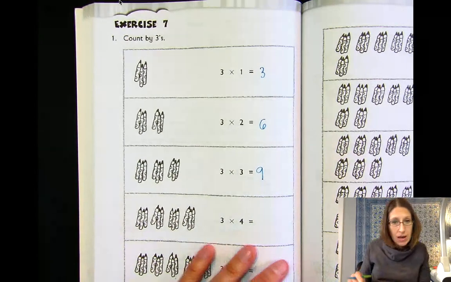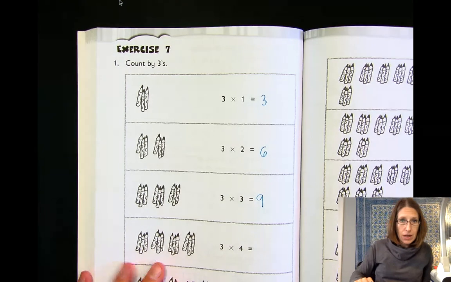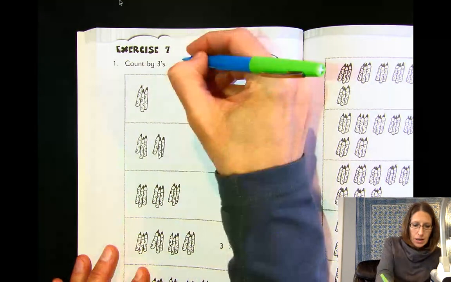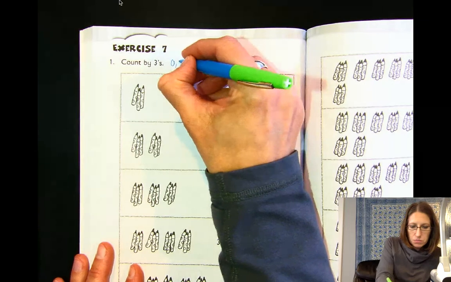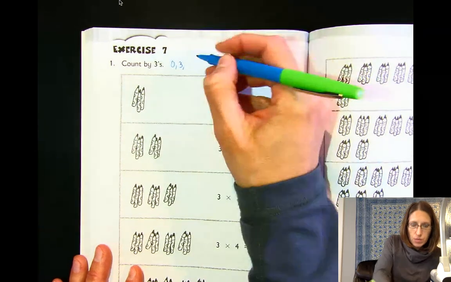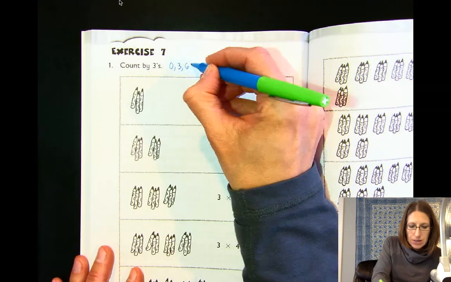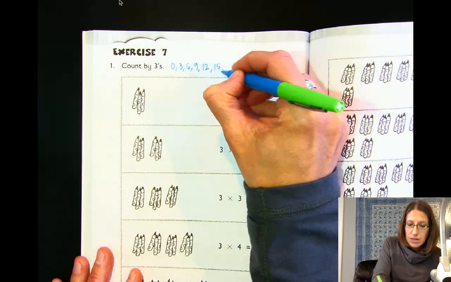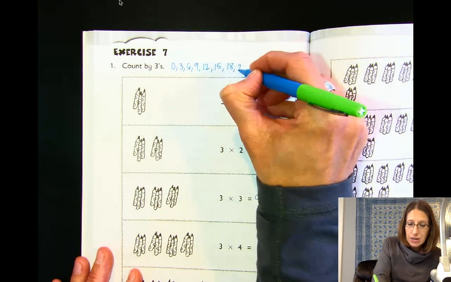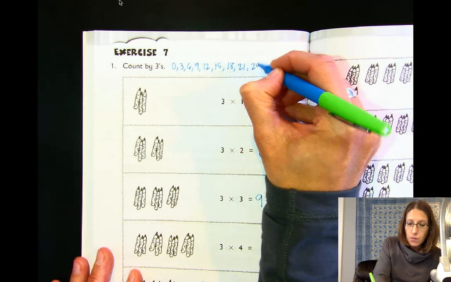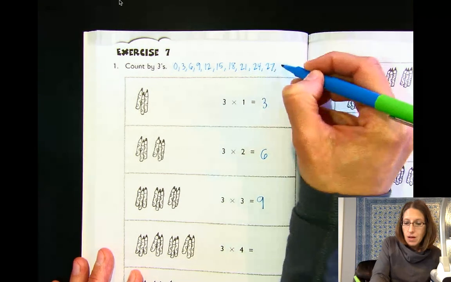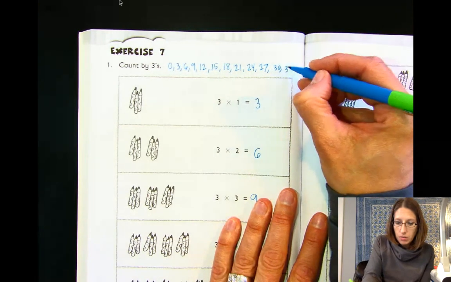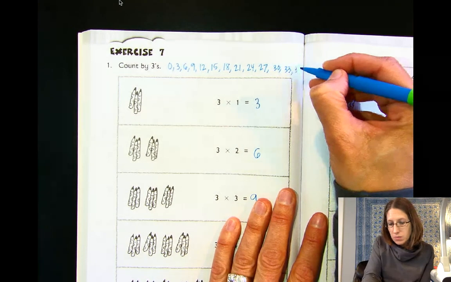In fact, it would be a really good idea up here at the top. You could do your skip counting by 3's and write it up at the top. Now, I always like to start with 0, but you could just start with 3. 0, 3, 6, 9, 12, 15, 18, 21, 24, 27, 30, 33, whoops, I'm running out of space, 36.